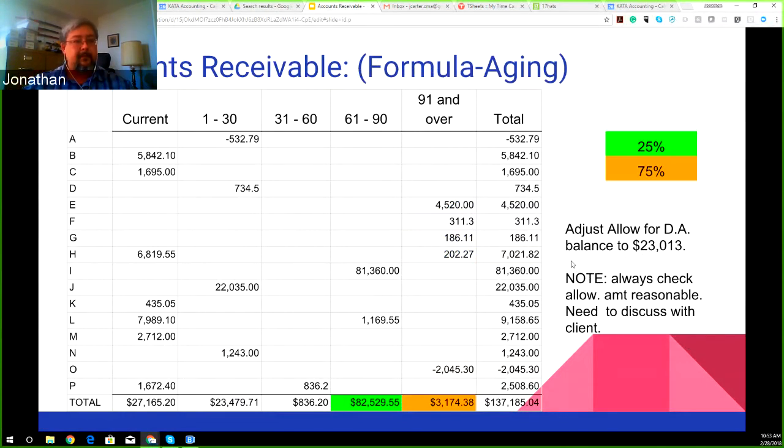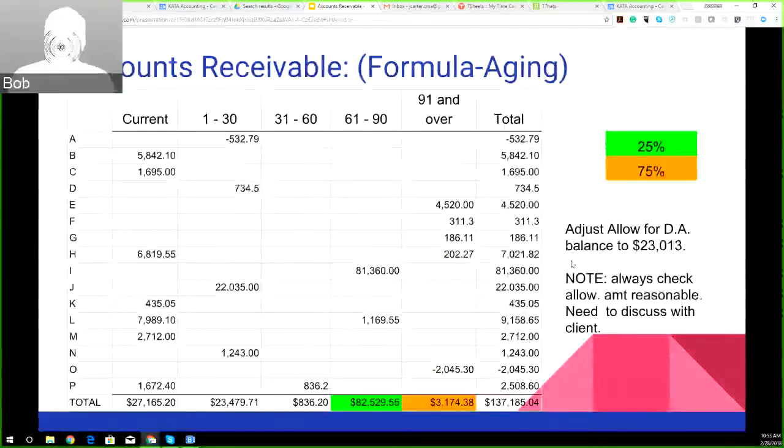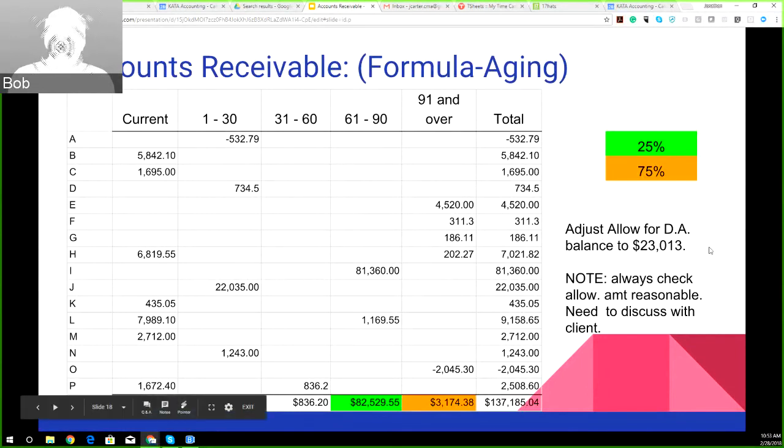No, just here you get to a reasonableness check. Like I would say a $23,000 allowance, once you've gone through the calculation on $137,000 in receivables, is a little too high. You'll want to look back at the customer's experience, and you might want to adjust that.